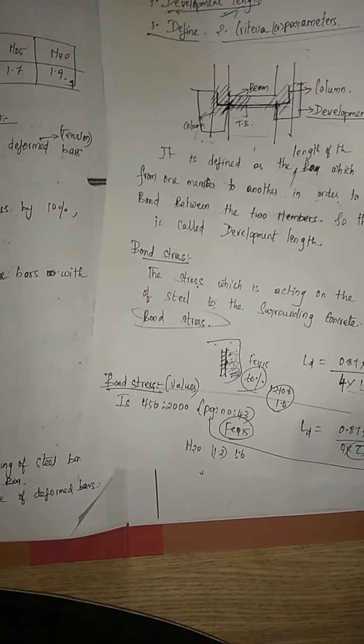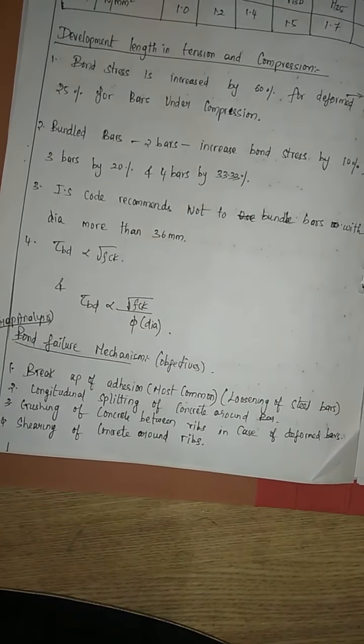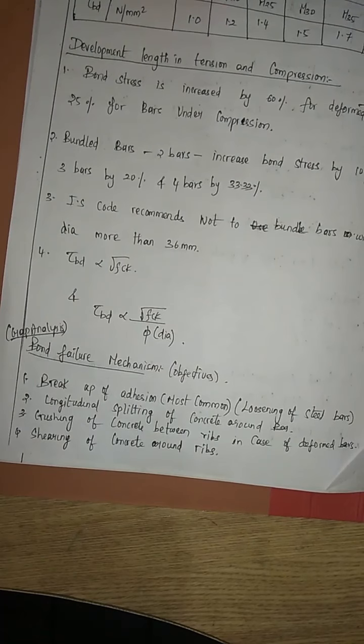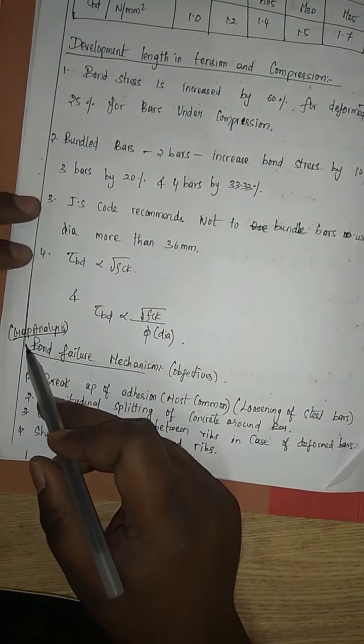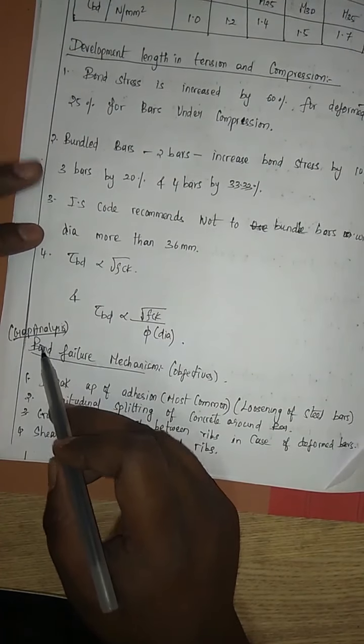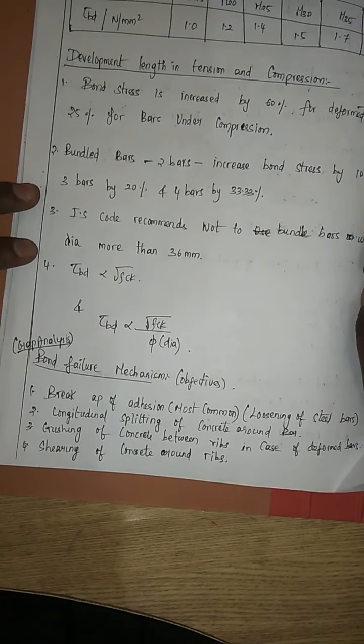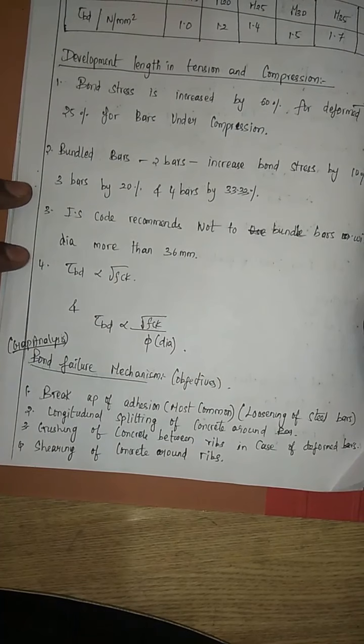Next what we are going to see is about some bond failures. Here it is written as gap analysis. Gap analysis means it is not in your syllabus, but for your general knowledge I have given the structure to you.